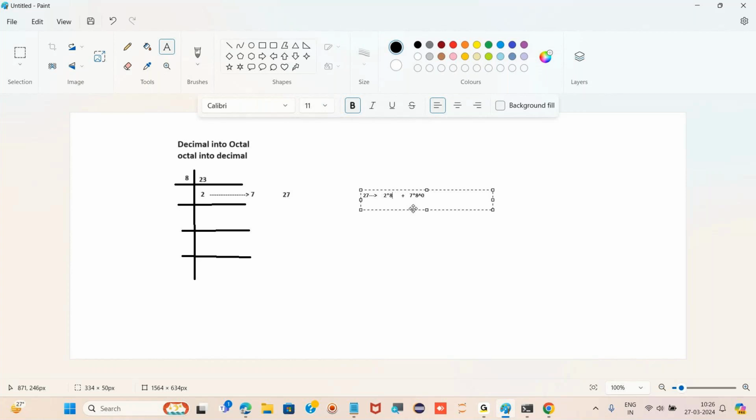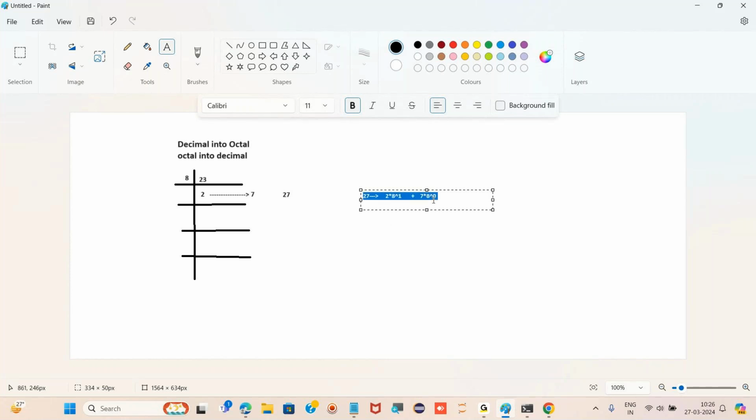Now 8 power of 0 will give 1, so 7 multiplied with 1 is nothing but 7.